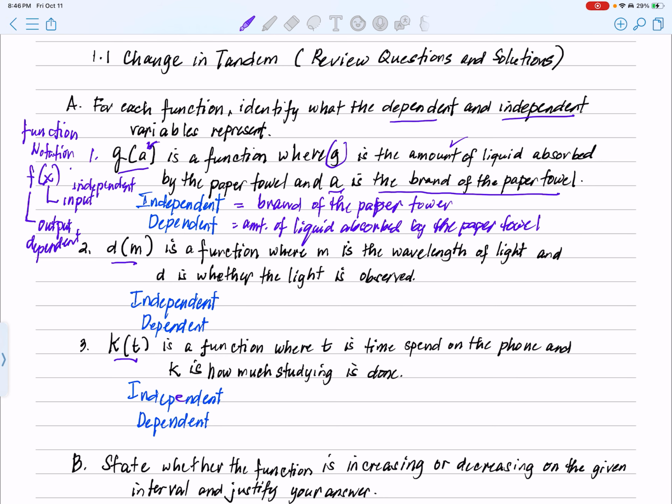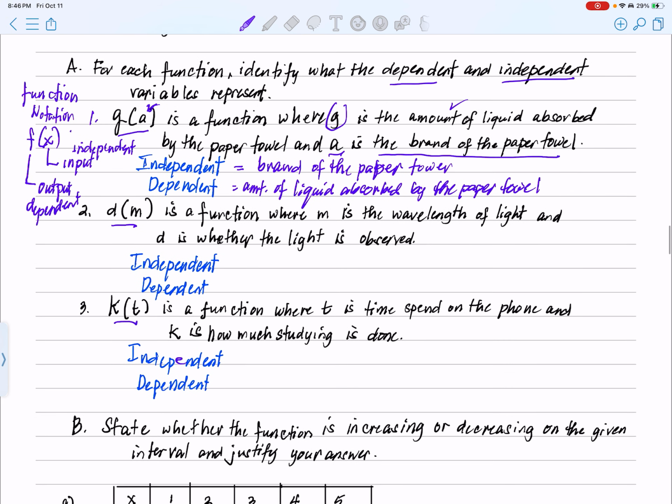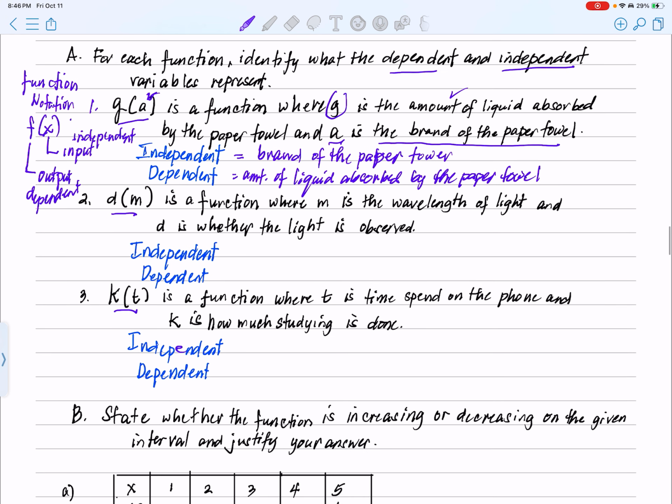Okay, let's do the second question. d of m is a function where m is the wavelength of light and d is whether the light is observed. All right? So m here is, what do you think? The input or the output? m is right here inside the parentheses. That means it's the independent.